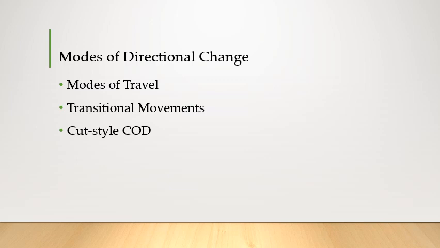But your cut style change of direction is the typical change of direction with a little bit stronger deceleration, which you don't want to do too early on, because then you're not letting your tissues adapt. So you're sidestepping, crossover stepping, any type of cutting back, and again, they give some examples.